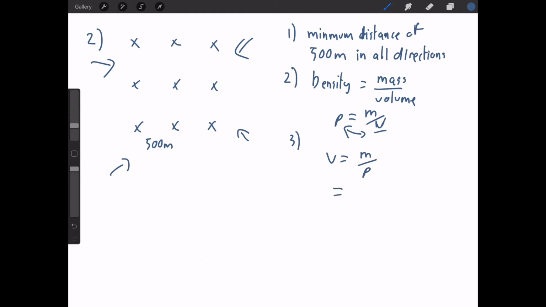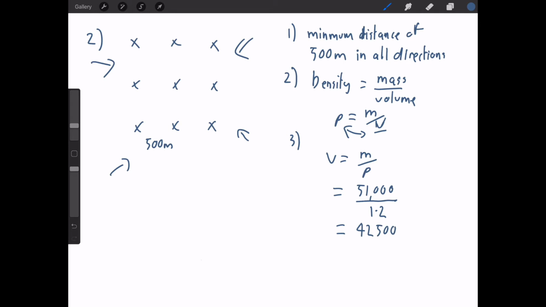Plug our numbers in. That's going to be 51,000 divided by 1.2. Are we in standard units? Well, 51,000 kilograms, so that's fine, and 1.2 kilograms per meter cubed, so that's fine. So we can do the calculation straight away, and that should give us 42,500.